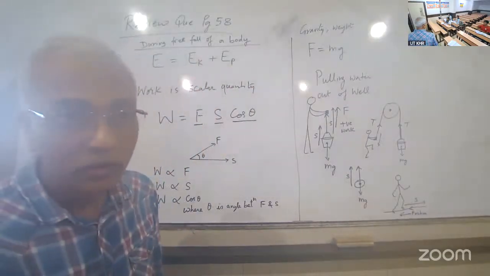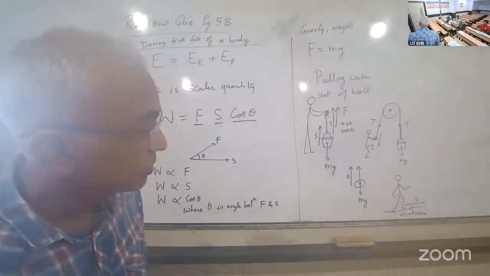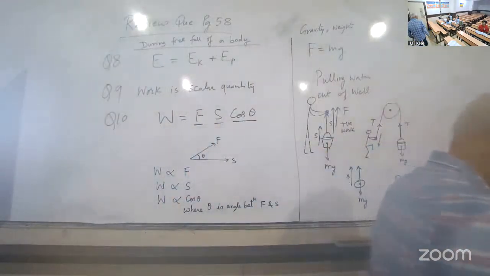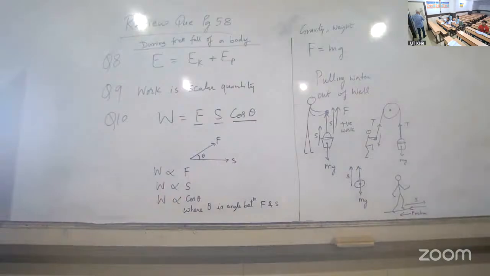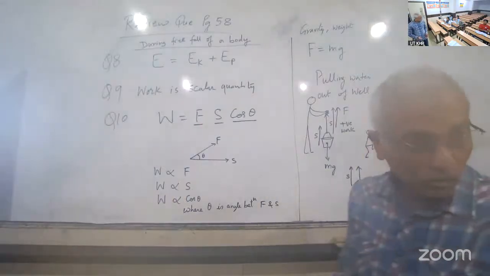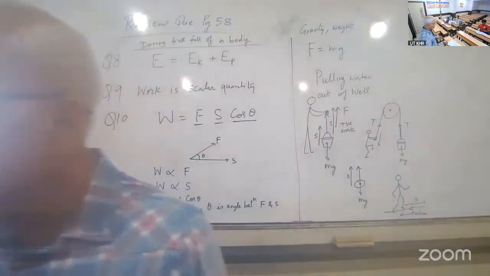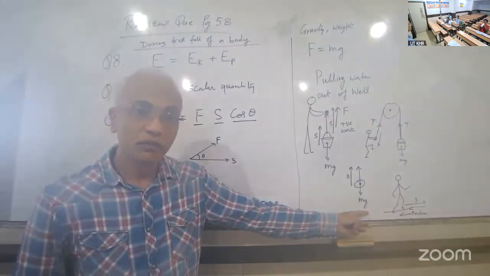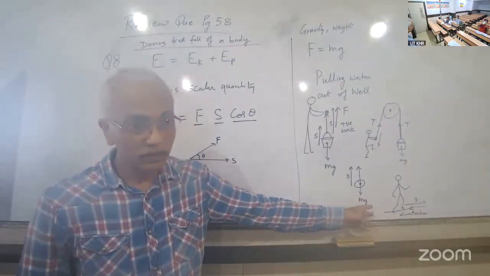Is that clear? Whereas you are lifting your body ahead, pulling your weight forward, so you are doing positive work. Friction is doing negative work. Your muscular work is positive, because who is lifting the body? You. So in the same physical process, different forces are doing different work. Is that clear?